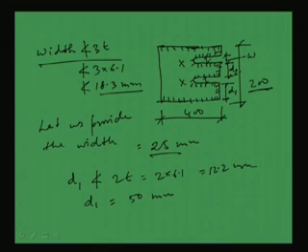Then this is 25, this is 25, and this is 50, this is 50. So I can find out D2. D2 will be 200 minus 2 into 25 minus the edge distance, 2 into 50.